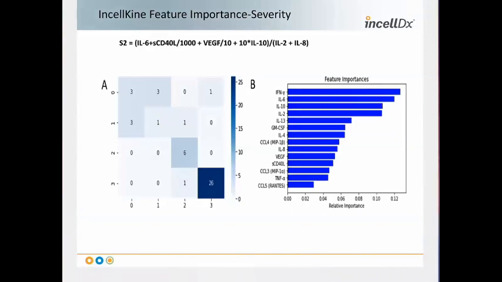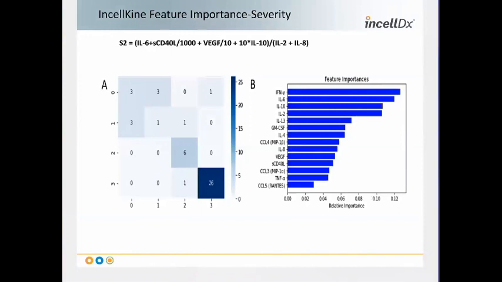Similarly, our analysis identified a severity score in those individuals with different severities of active COVID. So we looked at mild to moderate patients, normal patients, of course, severe patients, critical patients.